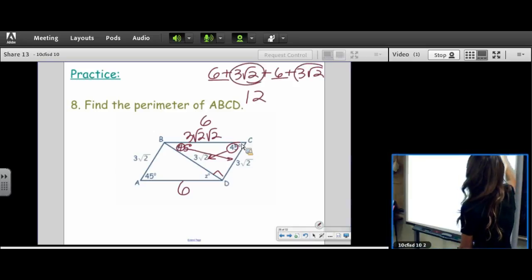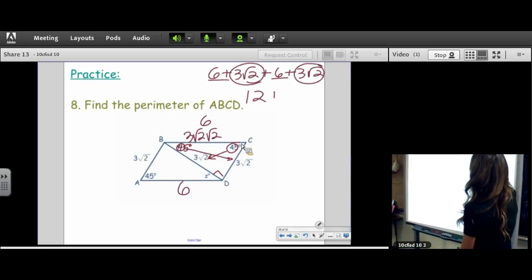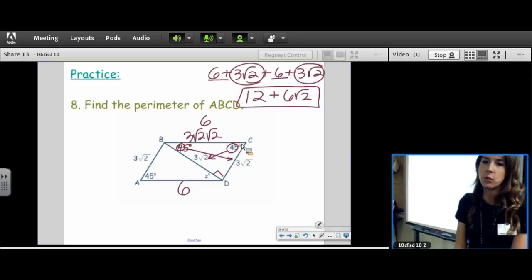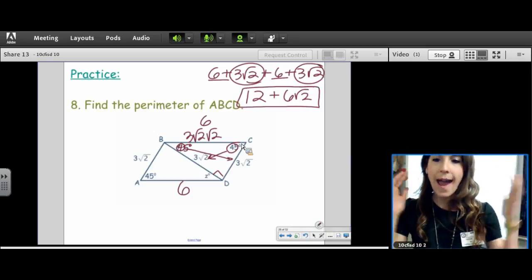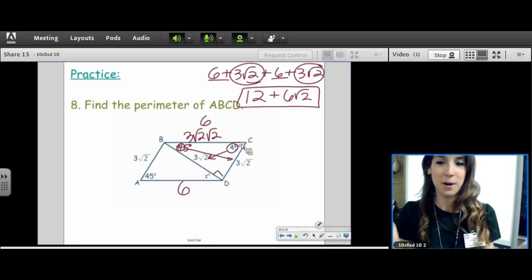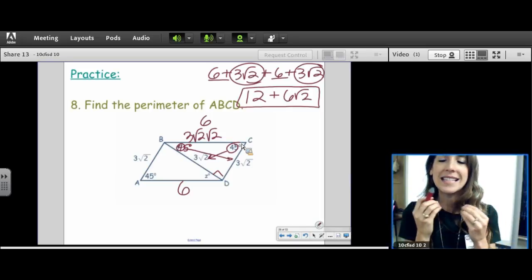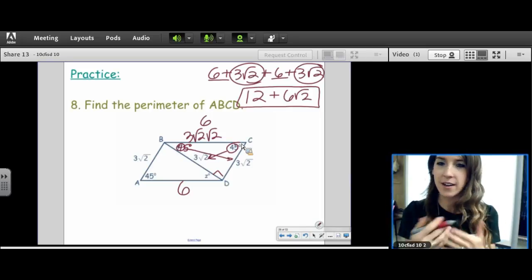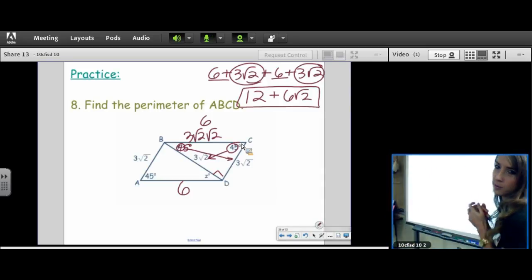I can add my radicals. But I can never combine the 12 and the 6. Can't tell you how many students will write 18 root 2 as their final answer. And then all that work was for nothing, because it is illegal to add those together in algebra because they're not like terms. It's like adding an x and a y together. Careful.